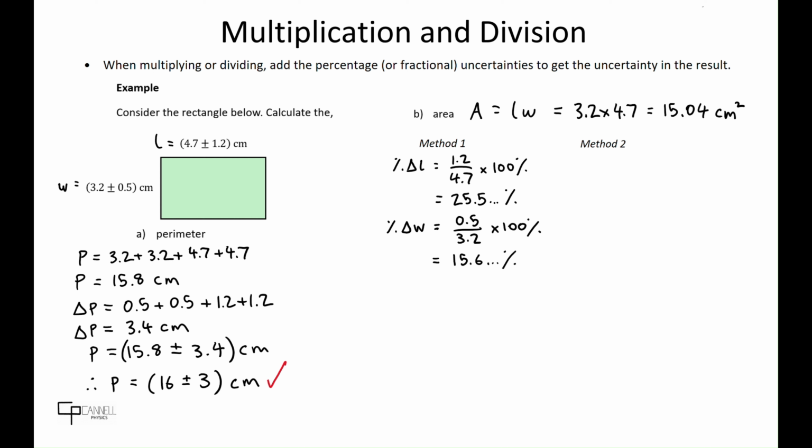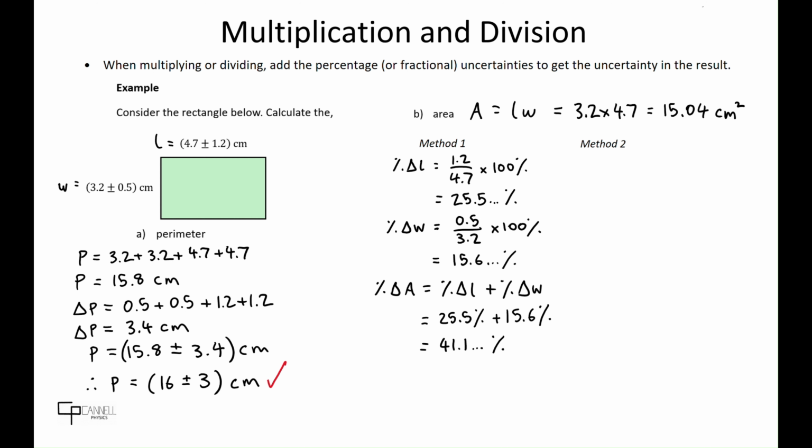percent. So now that I've got my percentage uncertainties in length and width, I simply add them to get the percentage uncertainty in area. So that gives 41.1 etc. percent. So remember, I'm not rounding until the very end. So this 41.1% is the percentage uncertainty in 15.04 square centimeters, the area.